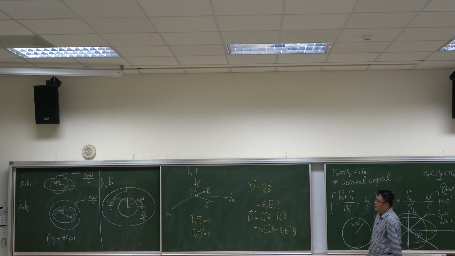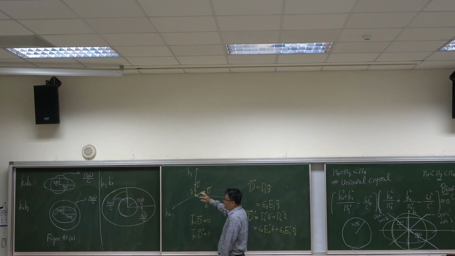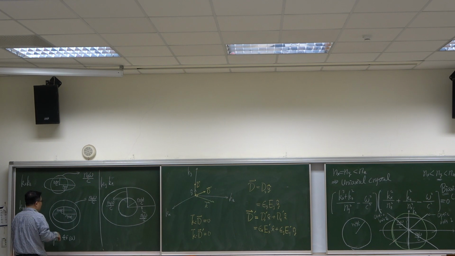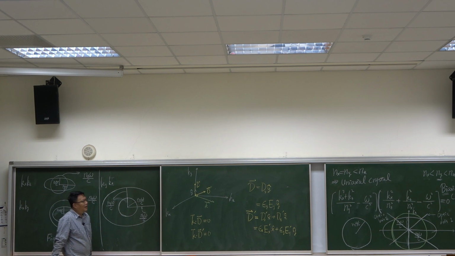At least in these special directions, you can easily read out what these n mean. So along the x direction you have refractive index equal to nz or ny. nz means that the D vector is in the KxKz plane, and ny means the D vector is along the y direction. Okay.